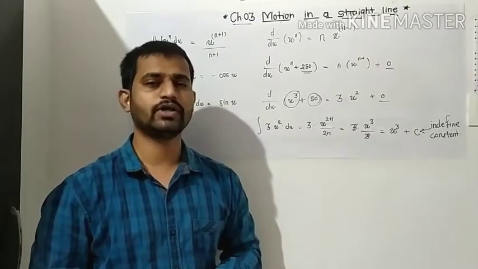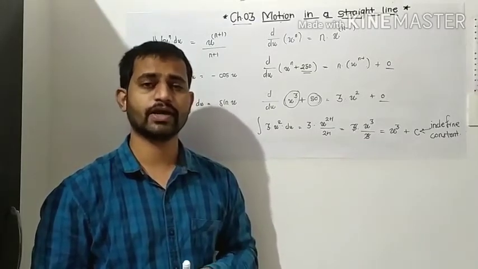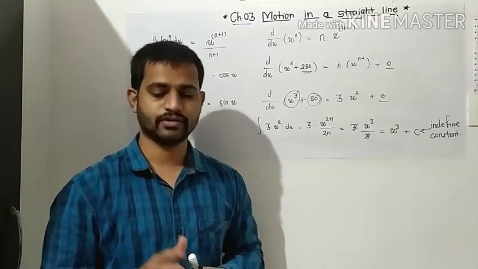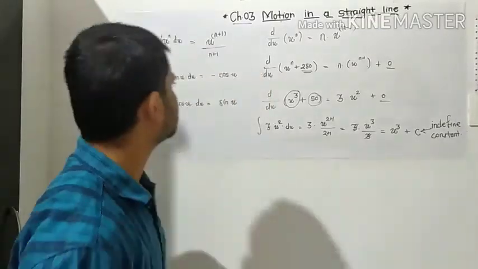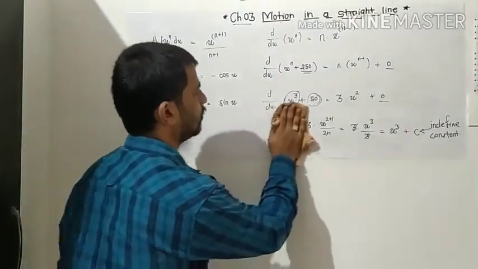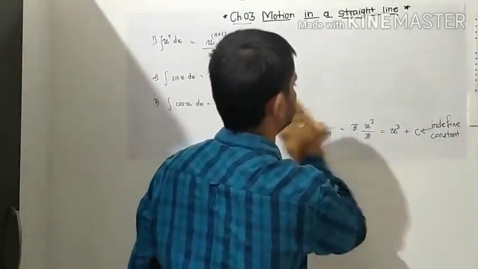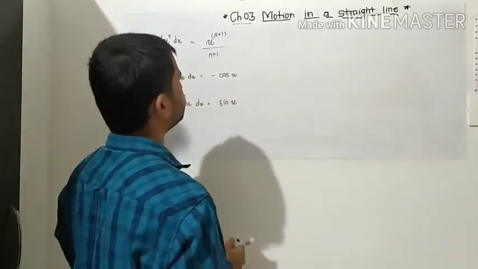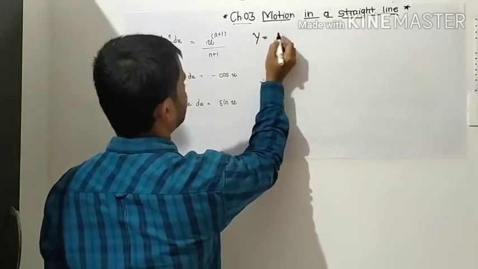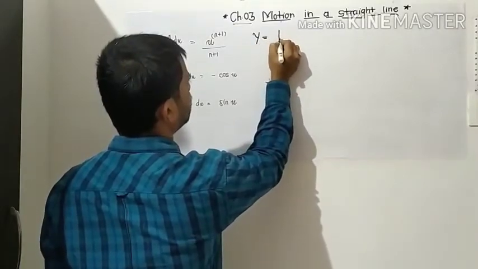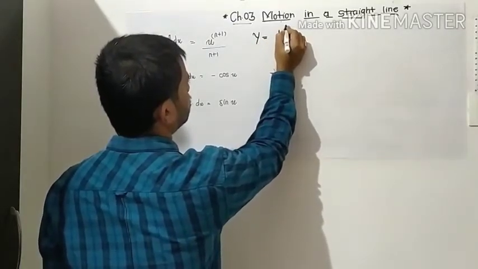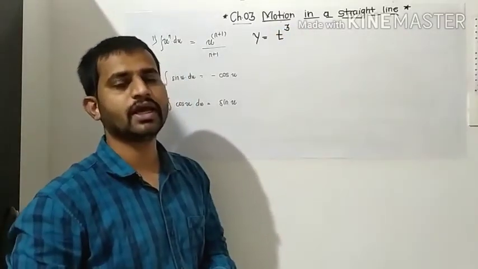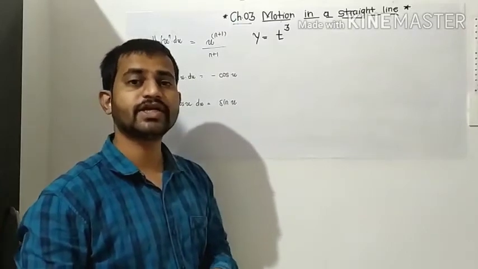Now what about the definite integration? In definite integration, some limits are given to your equation. Suppose we have the equation y is equal to t raised to 3, and for this some limits are given.